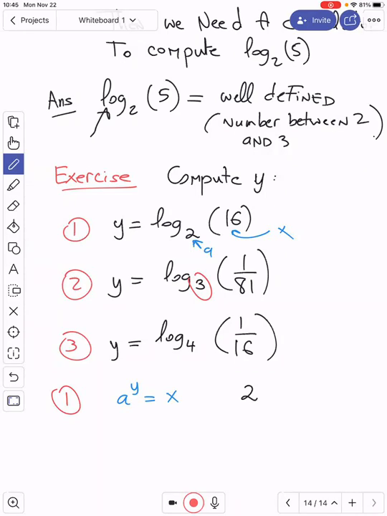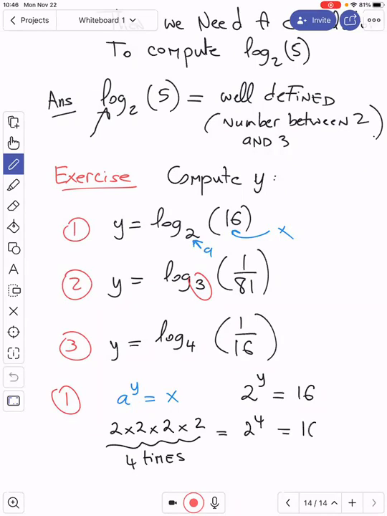It's 2 to the power Y, where Y is unknown, equal to X, which is 16. Because 2 multiplied by itself 4 times is 16, then Y, your power, is equal to 4.